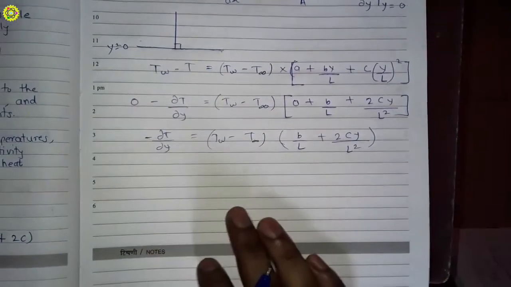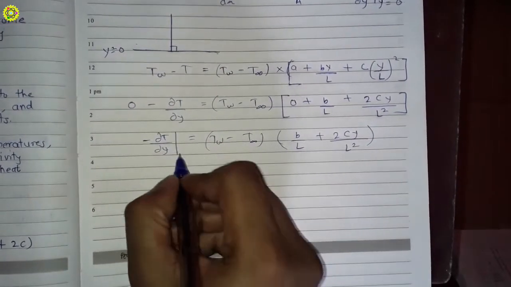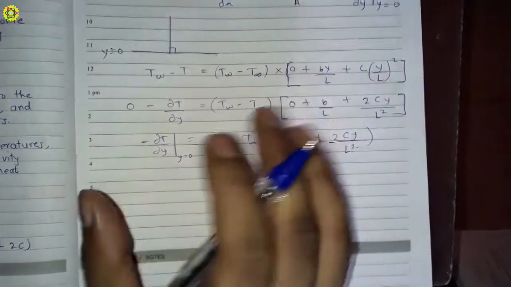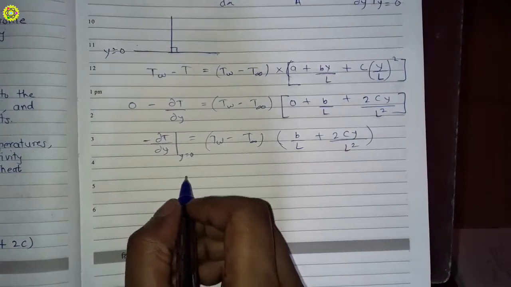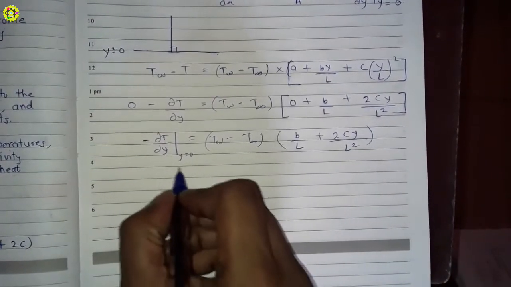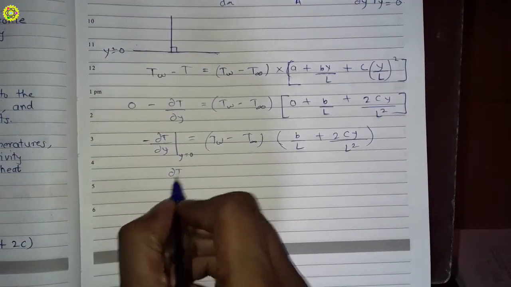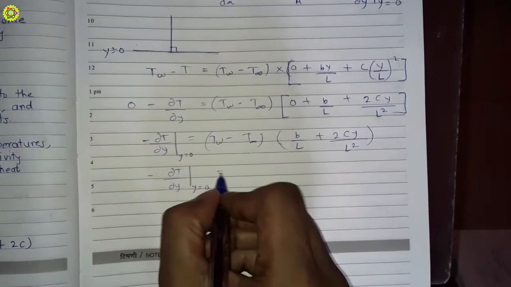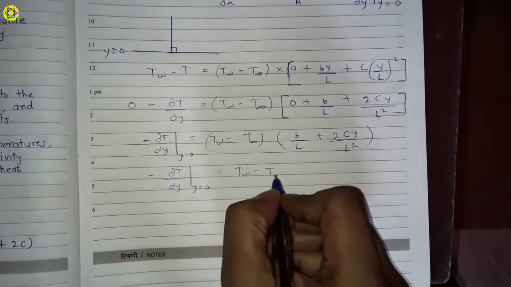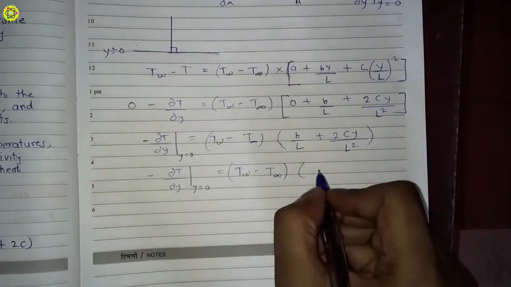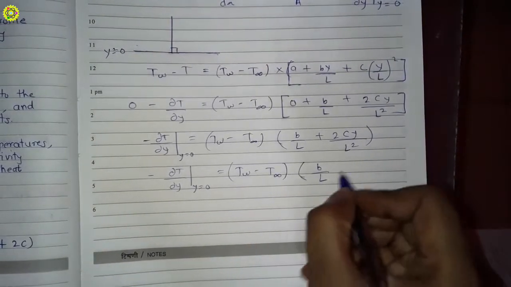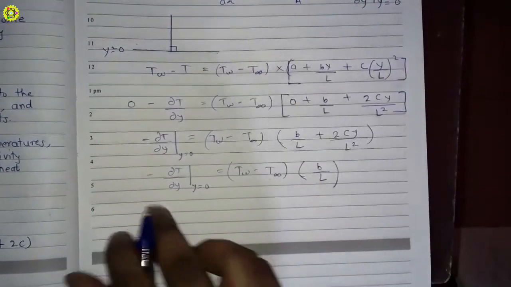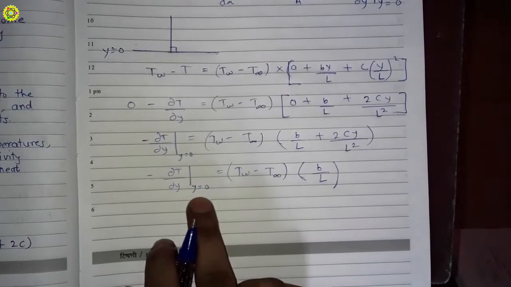Now here we have y equal to 0, so let's put the value of y in the equation. After that we get dou T upon dou y at y equal to 0 is equal to Tw minus T infinity into bracket B upon L. We get this equation after putting y equal to 0.